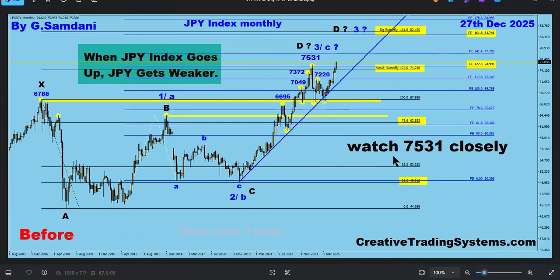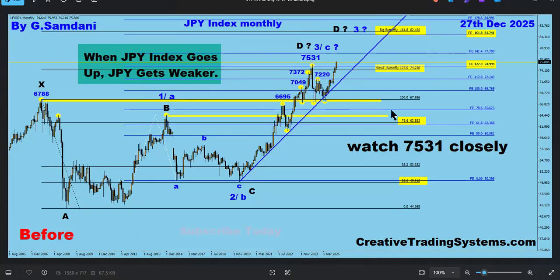Now I said watch 75.31 closely. Why? Because maybe it will drop back below this, right? Basically, I made the chart when it was a little bit below, and then we broke above it, and I recorded the chart here on 27 December. Now the target is still this 161% of this extension here.